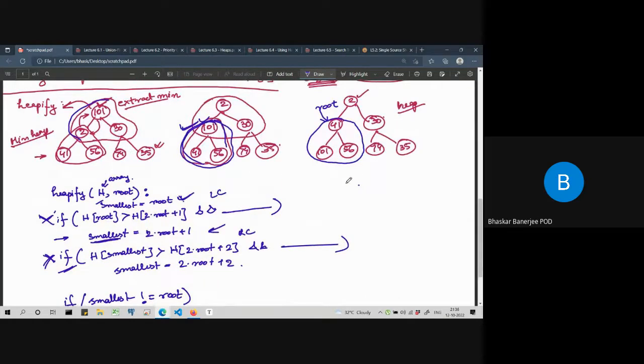This is nothing but your 2, 101, 30, 41, 56, 74, and 35. Now all I want is to swap 101 and 41, to do the swap. So it just boils down to this: in an array, you want to swap these two numbers. That's it. So why would you swap indices? You would simply swap values.